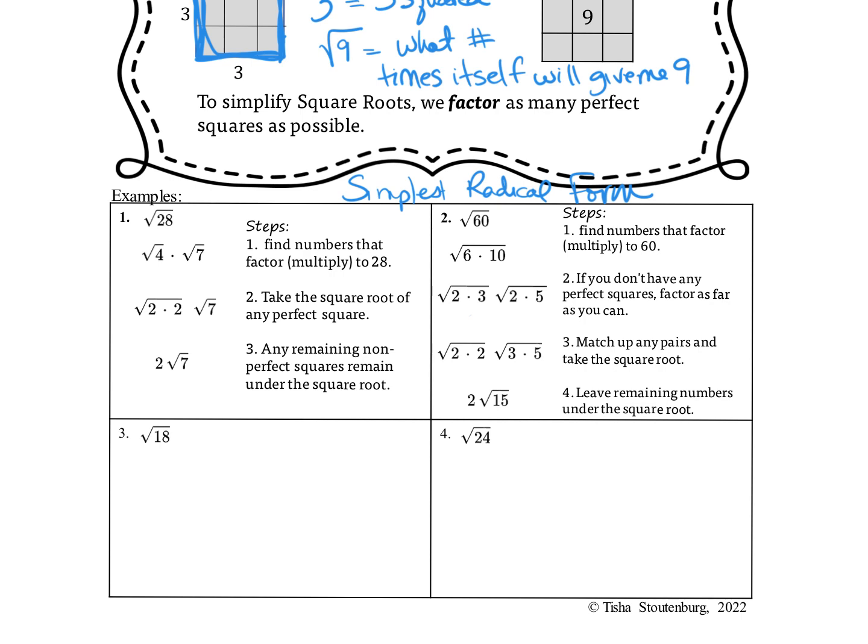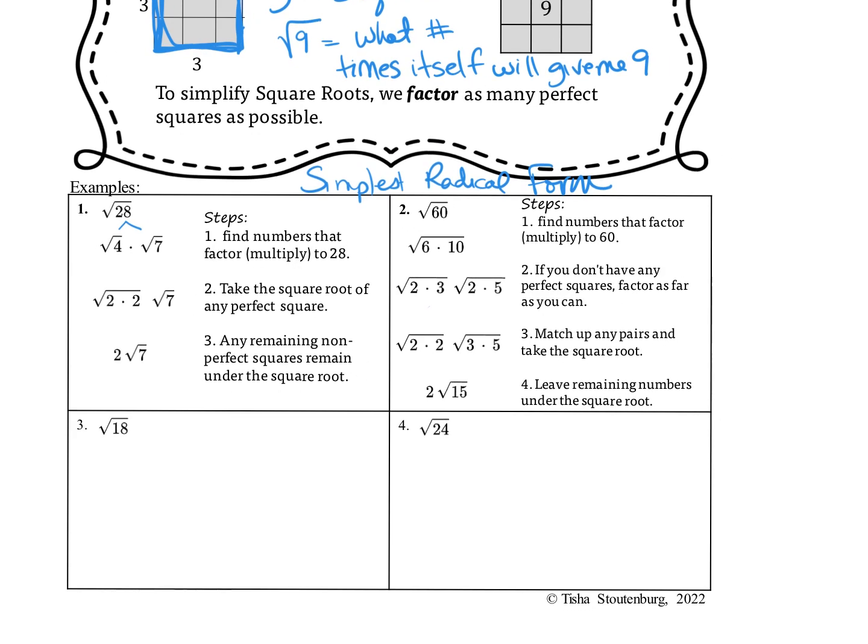And it's very similar to a factor tree that you've done previously. So here I have the square root of 28. So the first thing I want to do is factor or come up with 2 numbers that will multiply to 28. And ideally, if we can think of a perfect square that will multiply to 28, it makes our job a little bit easier.